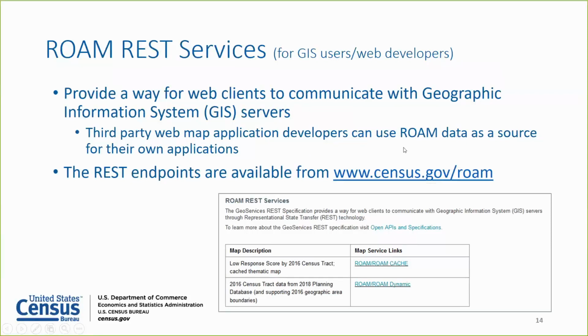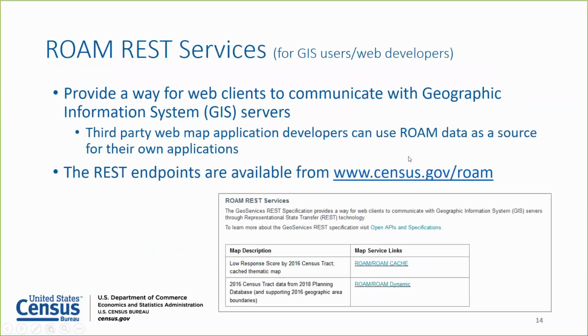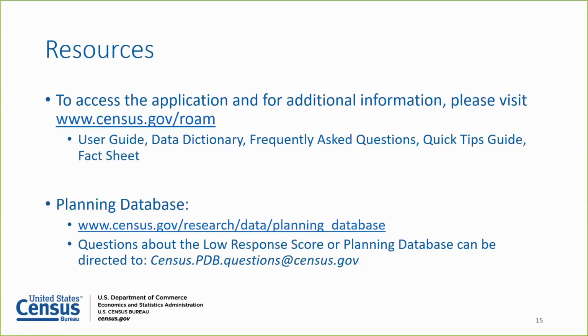That's exciting because the Census Bureau authoritative data for ROM is free and open for other people to use. And I did just want to point out that we have a link directly to the application and all of those resources that I covered today, as well as some planning database resource information.